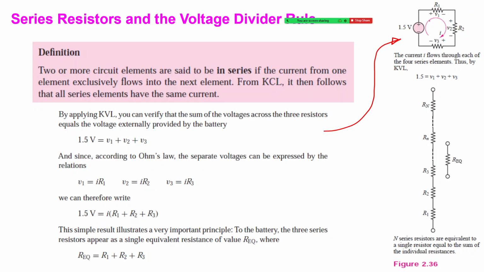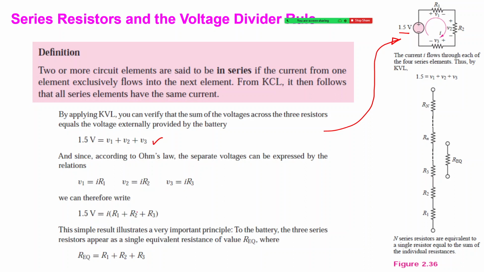In this case, the current flowing through R1 and R2 and R3 is the same, right here. So by KVL, we find that 1.5 positive, equals V1, V2, V3 summed together here. And then V1 is I into R1, V2 is I R2, V3 is I R3.